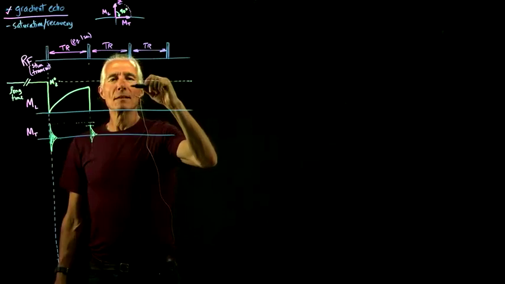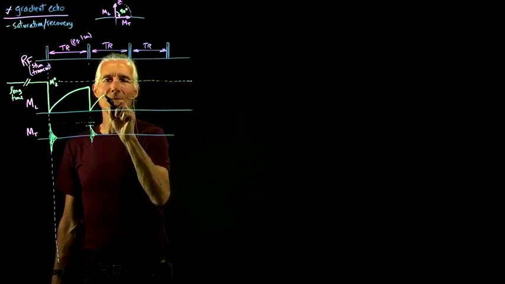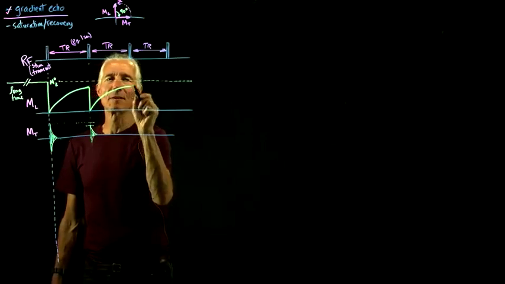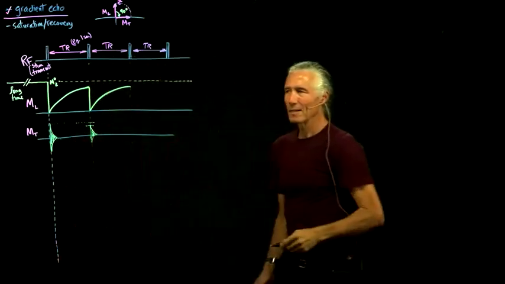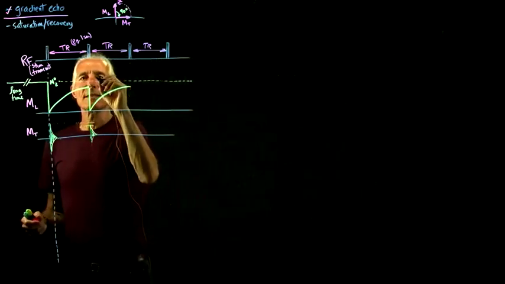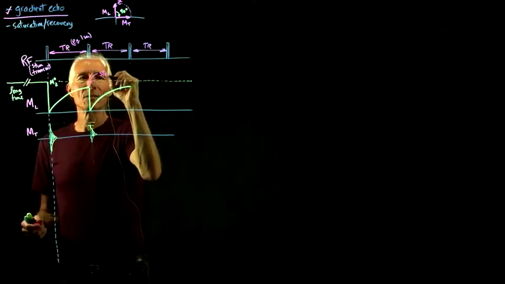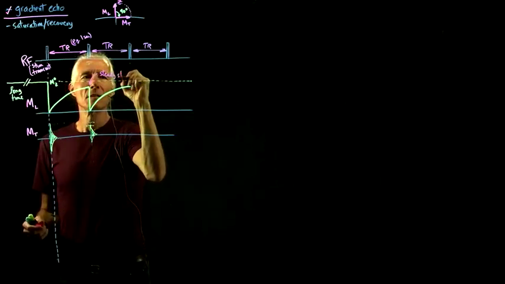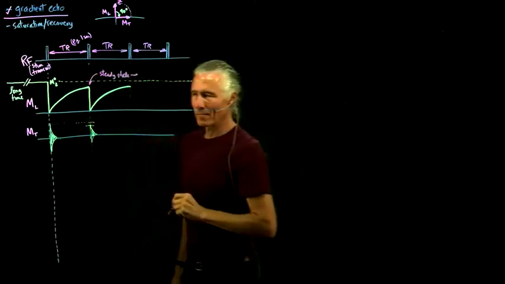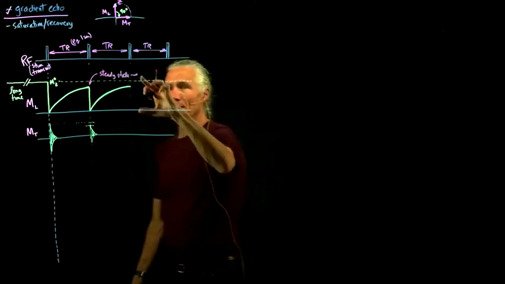Then exactly the same thing happens, and this curve will be exactly the same as it was the last time. By the time we get to this point, we're in the steady state where nothing changes. The steady state from there will be exactly the same from there on.